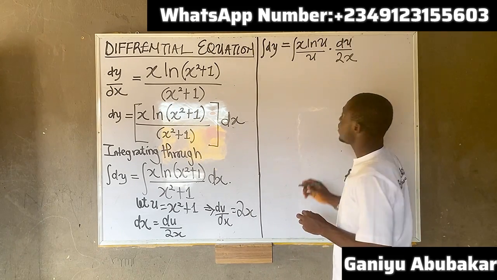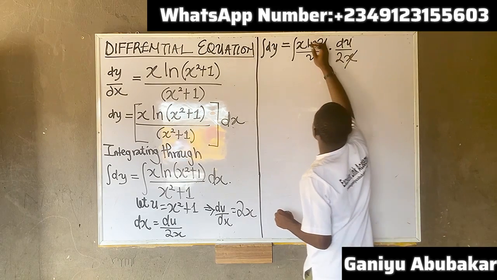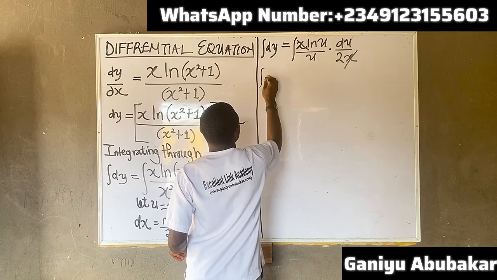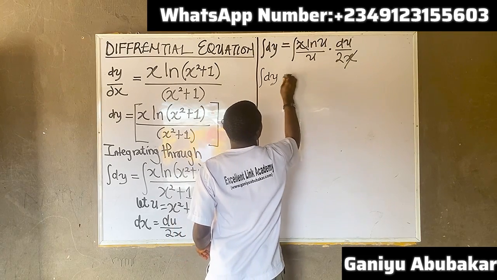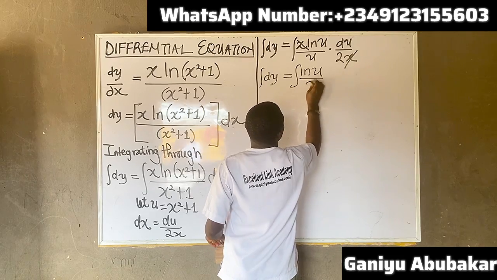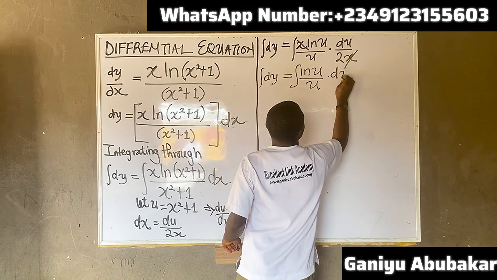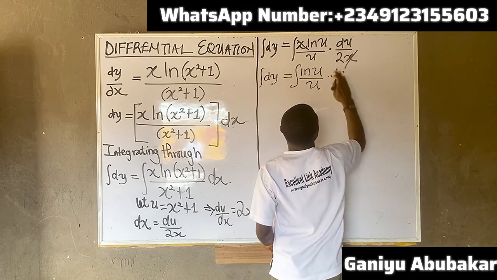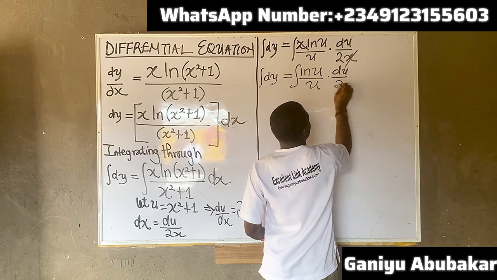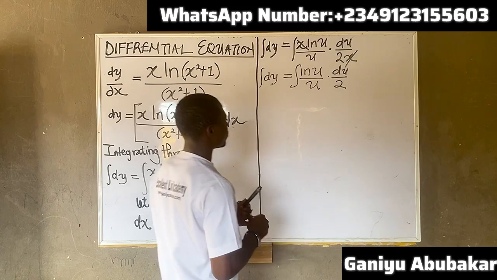What do you observe here? This x will cancel this x here. This one gives you the integral of dy is equal to the integral of ln u all over u dot du over 2. All right, I have this, please.